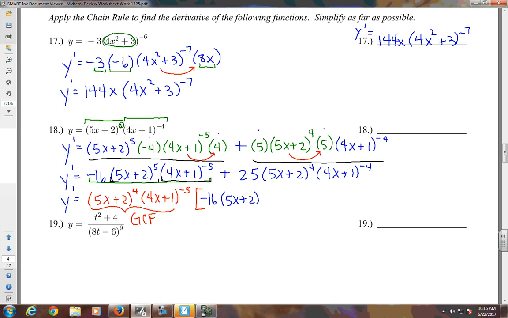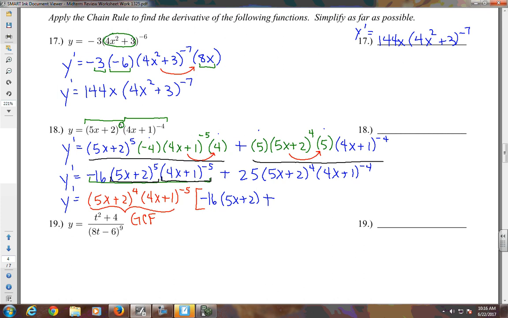Okay, now you can check to make sure that's factored correctly by distributing. If I take my GCF and I multiply by this blue term here, I'm going to obtain that original first term. Okay, so we have successfully removed the greatest common factor from that first term there. Let's do the same thing for our second term.